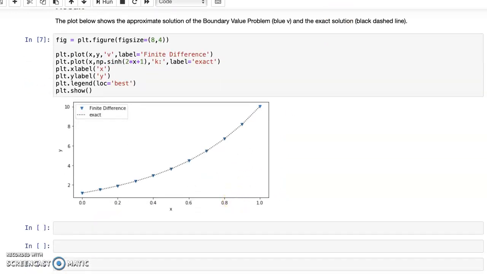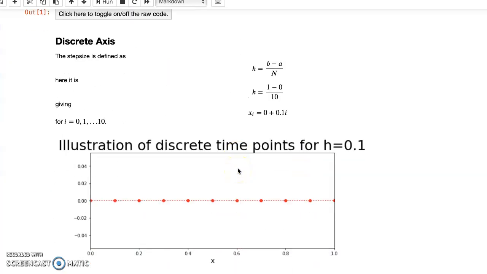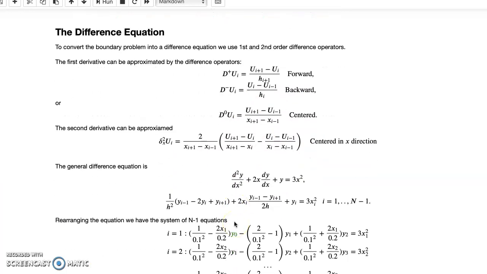So let's see another example of it. Here we have a slightly, not much more involved equation, but we have 2x times dy/dx. y0 is equal to 1, y1 is equal to 2. Once again, our discrete period. Using the same difference equations, this gives us our difference equation.